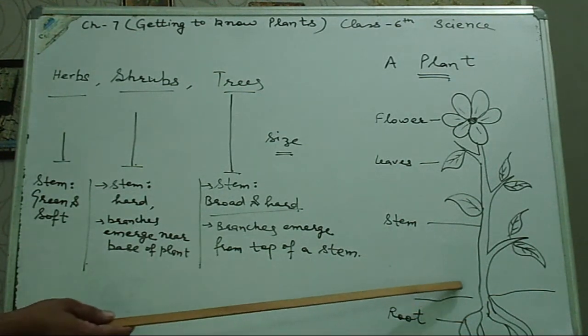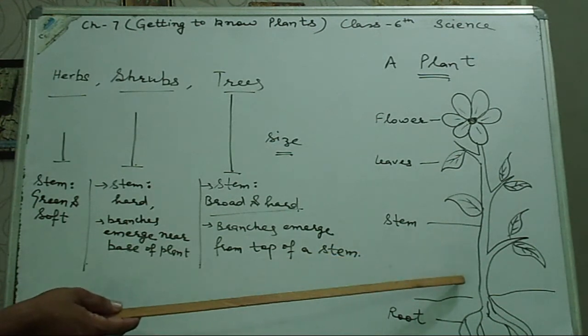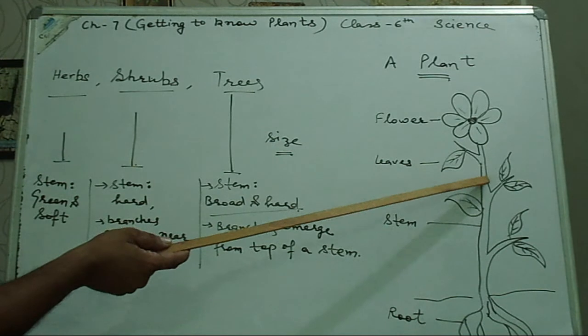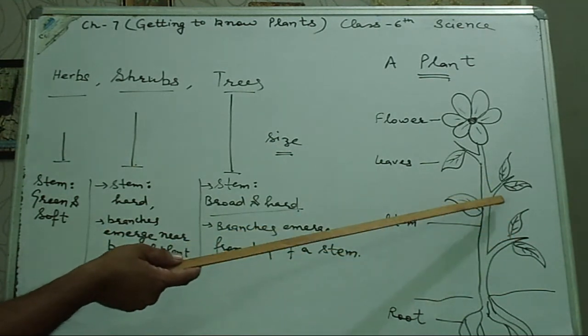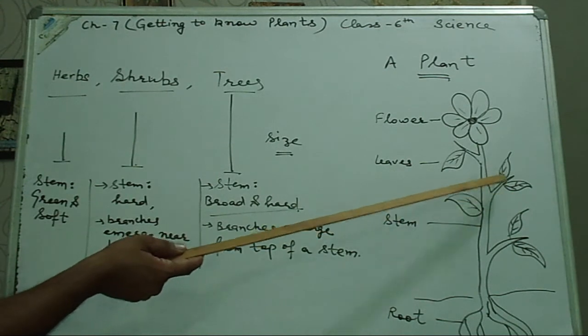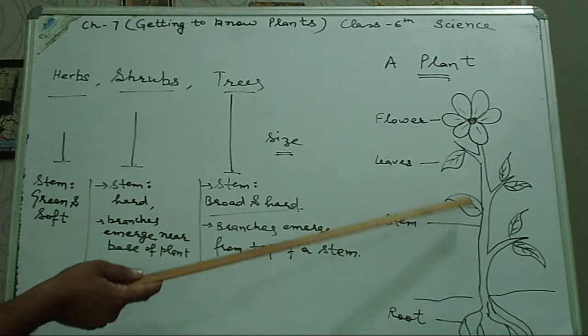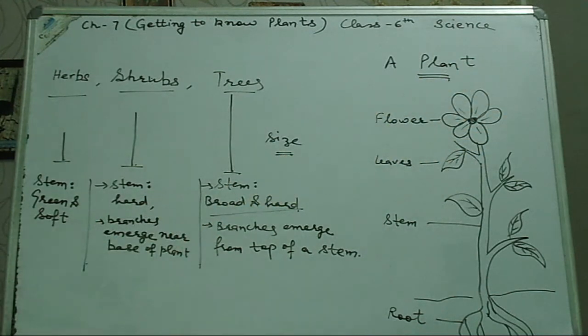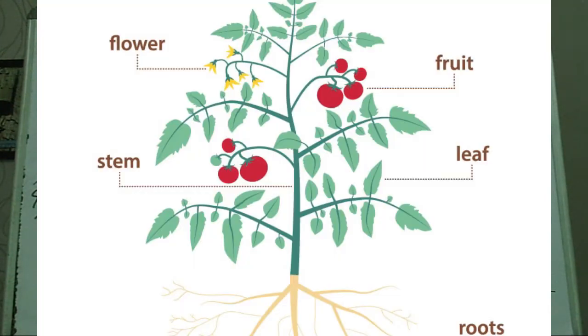Similarly, outside the soil is the stem of the plant, and there are so many branches, as you can see here, and on those branches there are many leaves. Sometimes you have observed flowers on the top of the plant, and side by side flower buds are there.